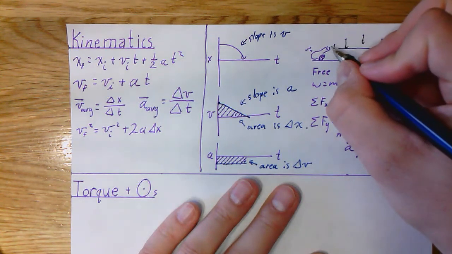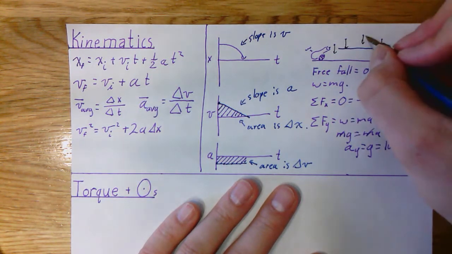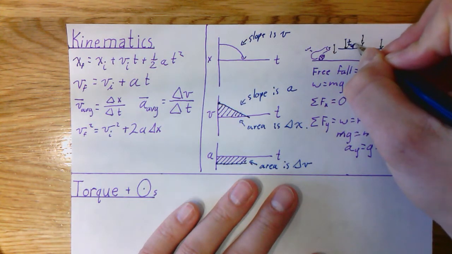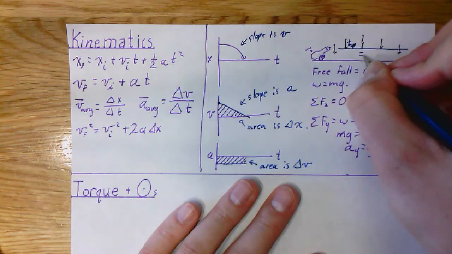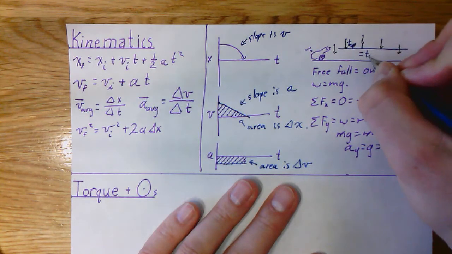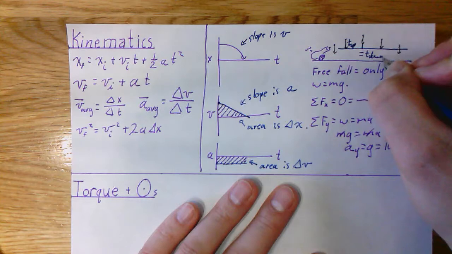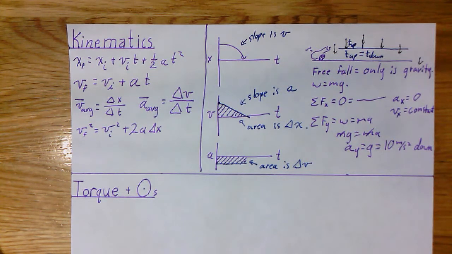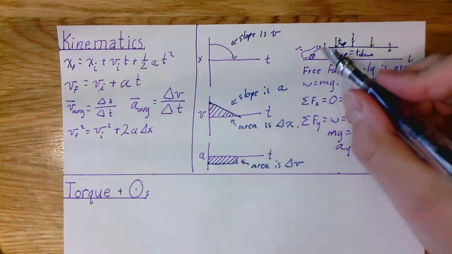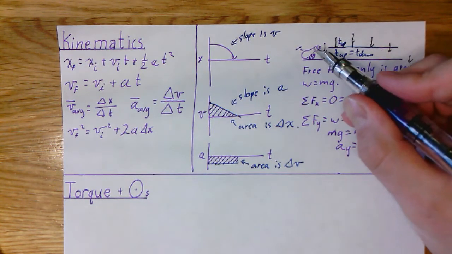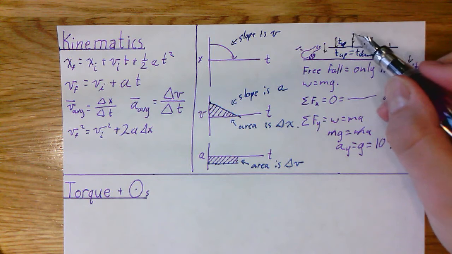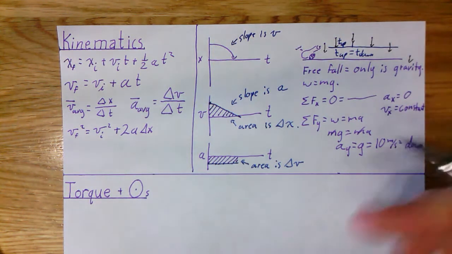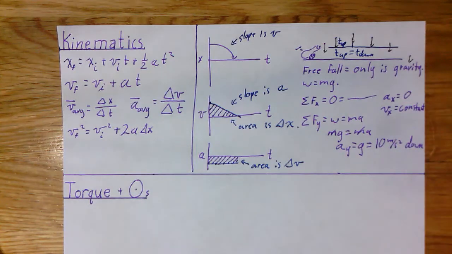So to go all the way up there, T up equals T down. So however long it takes to get up that high, if it takes 5 seconds to go from the cannon to the top, it'll take 5 seconds to go from the top back down to the same height as the cannon. So that's pretty much the important stuff you want to know about projectile motion.